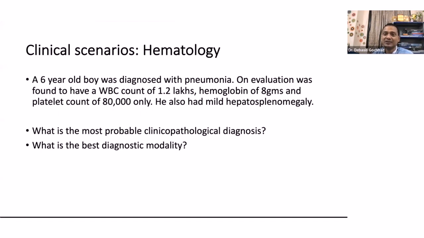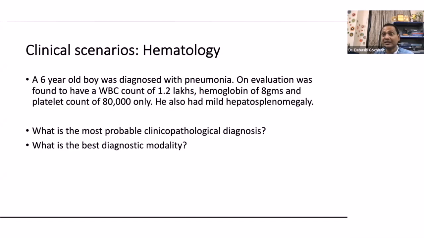The normal count ranges from 4,000 to 10 or 11,000. Here it is 1.2 lakhs. Hemoglobin is reduced, WBC is increased. What is the normal hemoglobin cutoff for a 6-year-old child? It is close to an adult, maybe 12 to 16 grams.